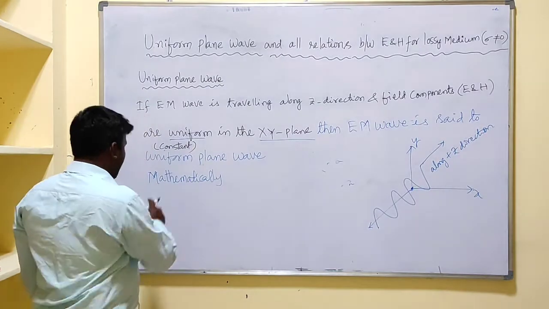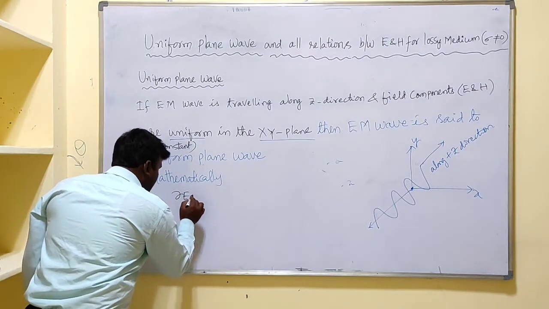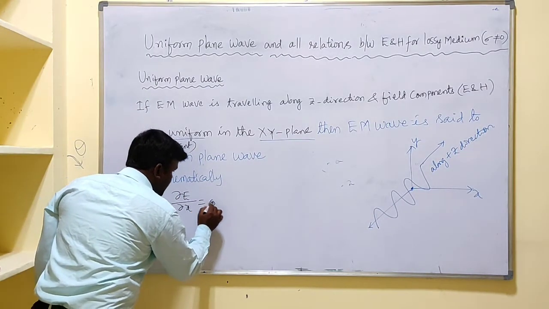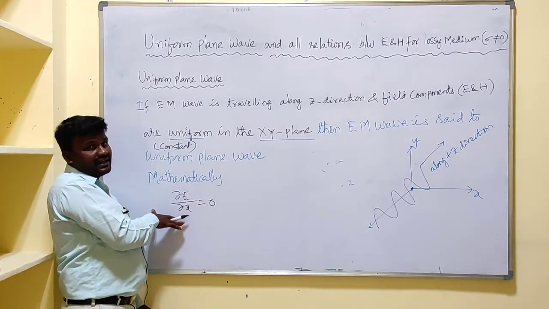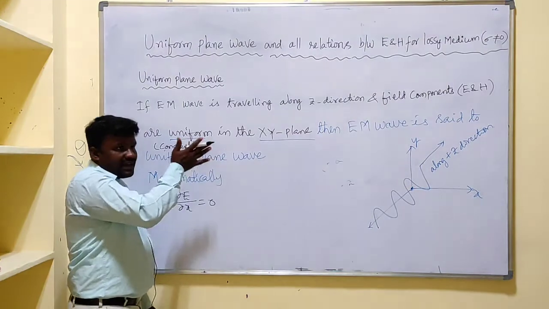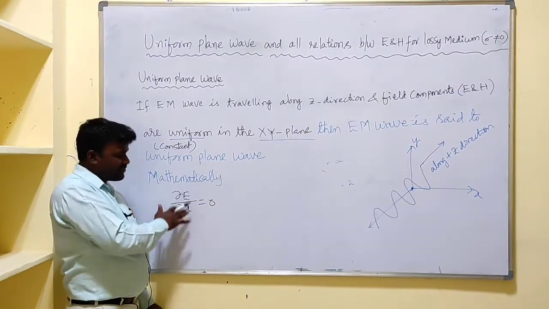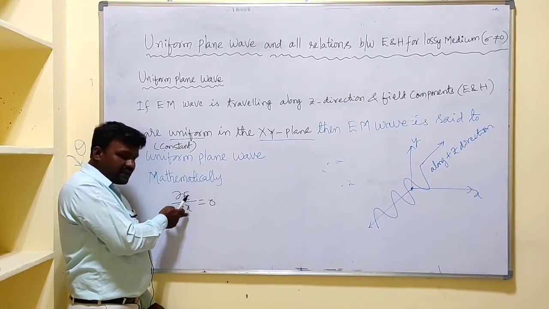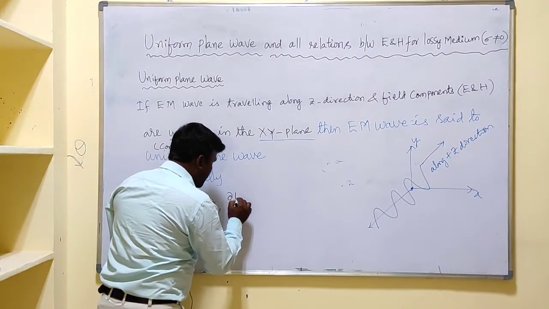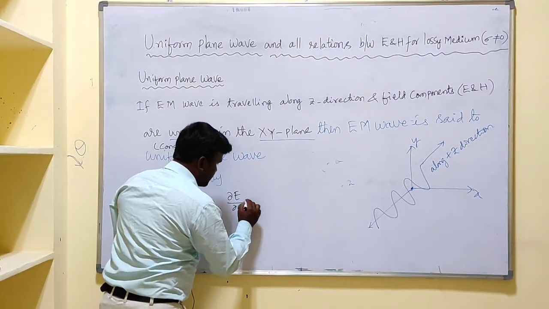So that's why mathematically dou E by dou x equal to 0, because it is uniform in that plane. X is varied, but the field component is uniform. Means the variation of E with respect to x is 0. Similarly, dou E by dou y is also 0.